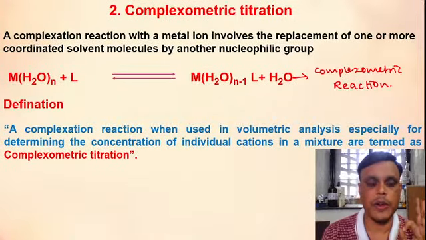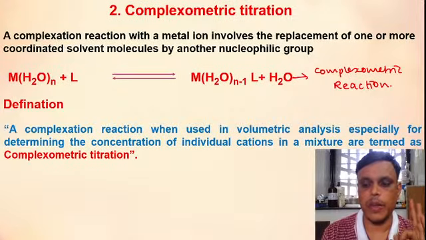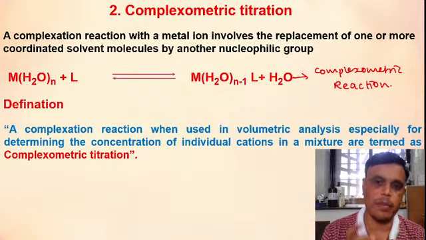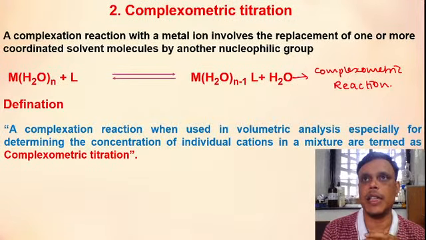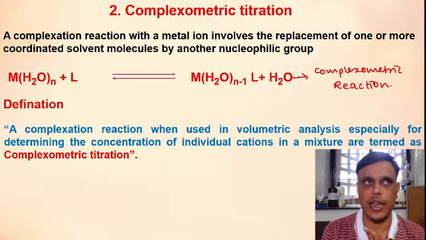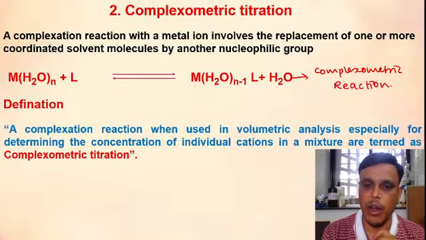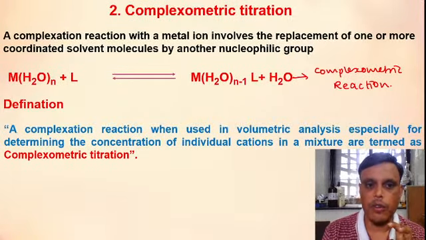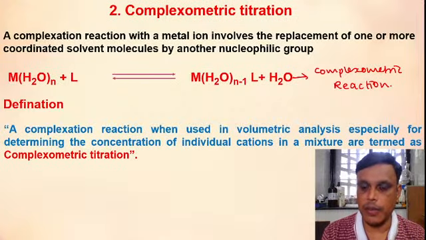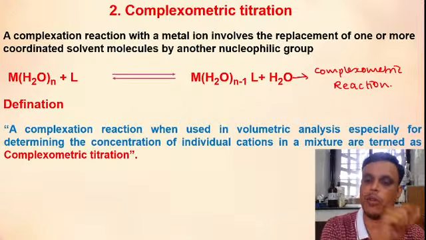Very simple. The purpose is to determine the concentration, the amount, or the percentage of an individual cation in a mixture. For example, if there is a mixture of different cations, calcium is there, magnesium is there, iron is there, and we have to find out the concentration of only calcium or magnesium from the mixture, then you have to use this complexometric titration.